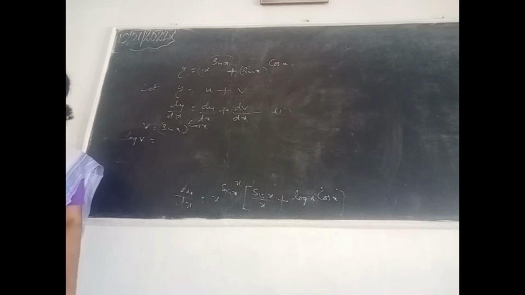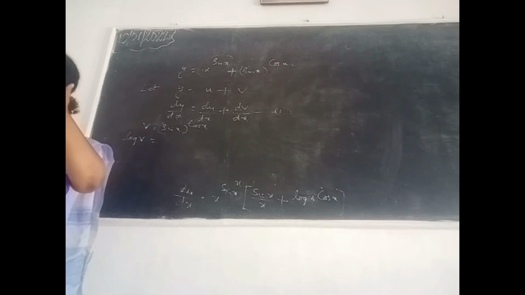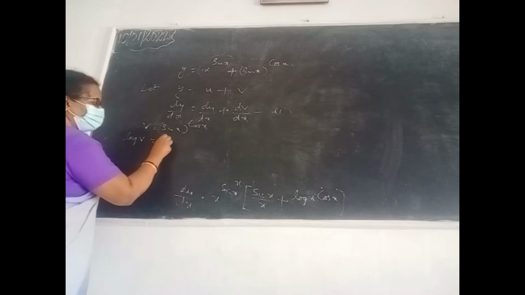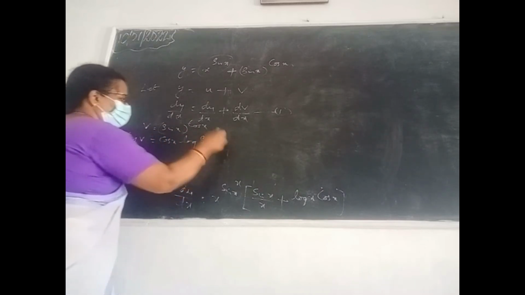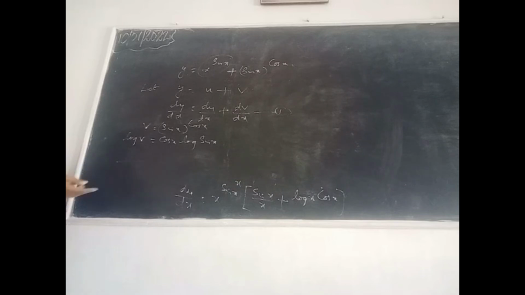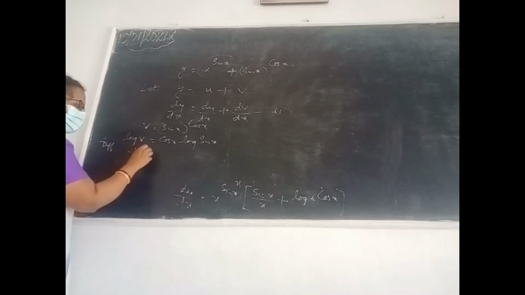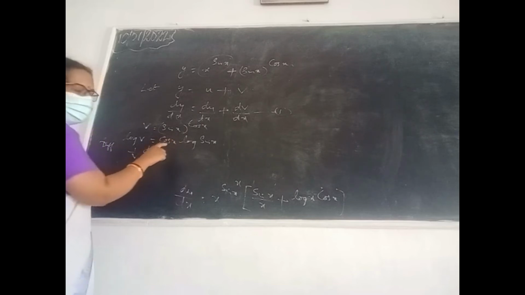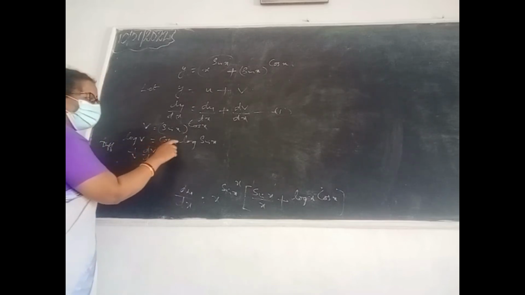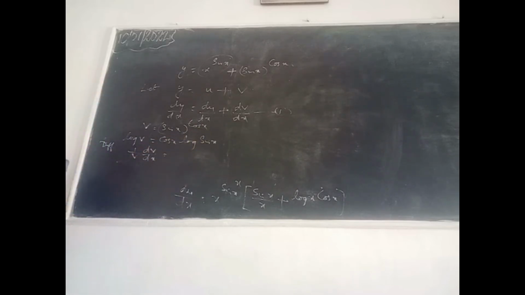Then we apply the logarithm rule, log a raised to n equals n log a. So we get cos x log of sin x. Next step, differentiate. 1 by v dv by dx equals, here we should apply the product rule. Cos x into log sin x.